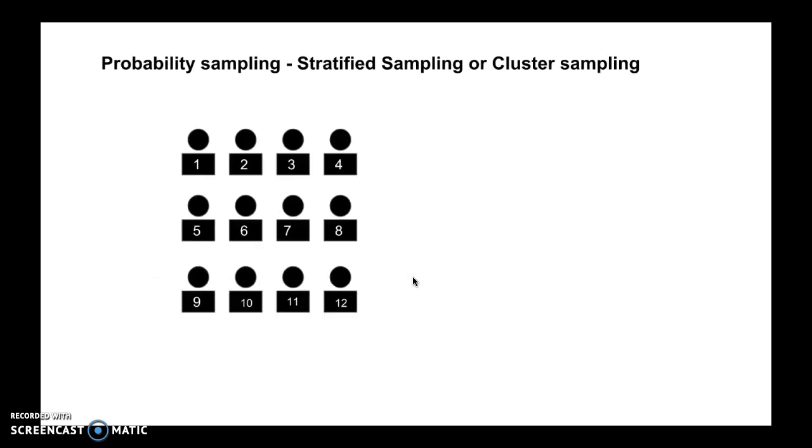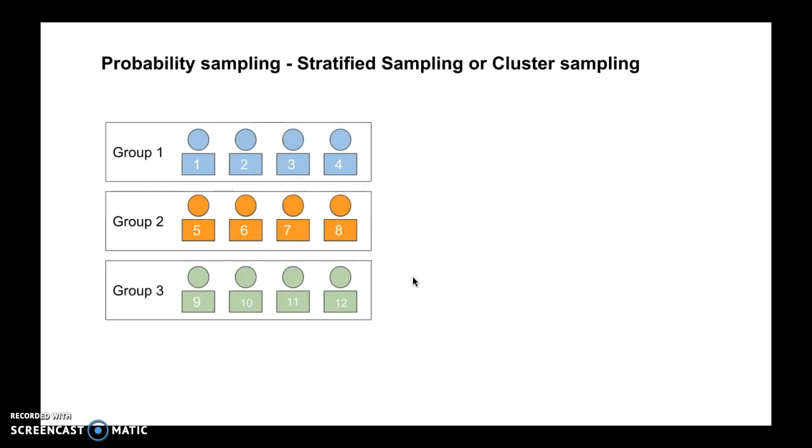Another probability sampling is called stratified sampling or cluster sampling, which is very similar to random sampling. But after you label each student by numbers, you divide them into different groups based on a certain standard. Like, for me, in the classroom, some students are motivated, some are not motivated.